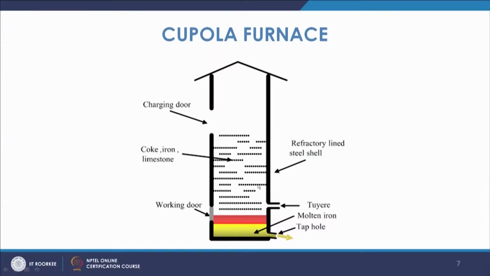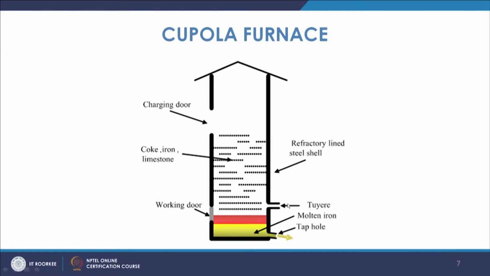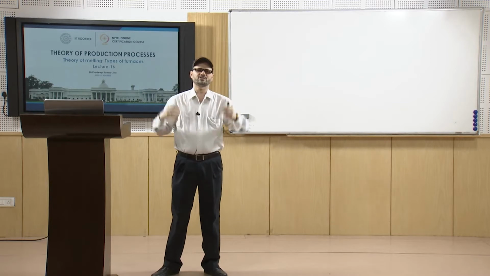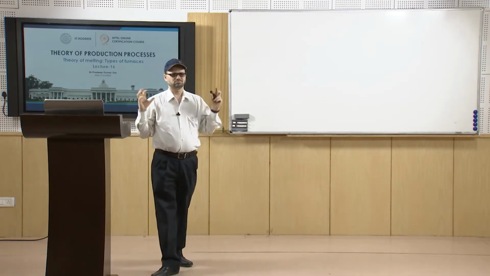The coke bed is prepared in this region, and from here you have the tuyere. Basically this tuyere is the opening through which we supply air. So, you will have the tuyeres. You have a cylindrical shell, and at different locations, symmetrically placed, normally you will have openings.